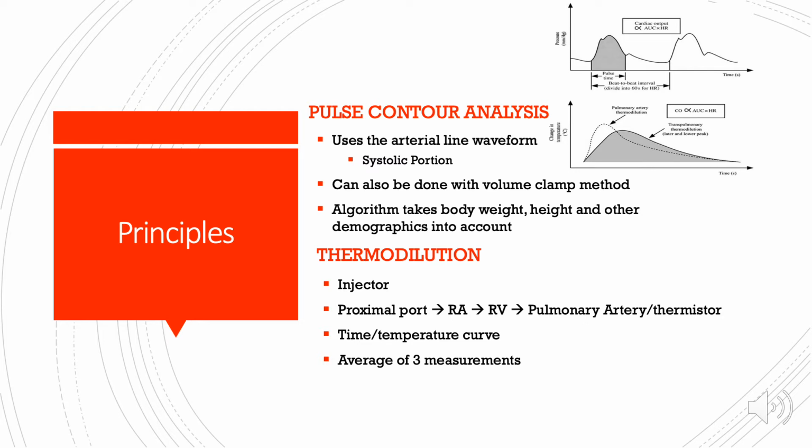For the thermodilution method, there is an injectate that is always lower than the temperature of the blood. It's injected into the proximal port of the pulmonary artery catheter, which allows the bolus of the injectate to pass through the right atrium, the right ventricle, and then into the pulmonary artery, where there are thermistor beads that record the temperature.